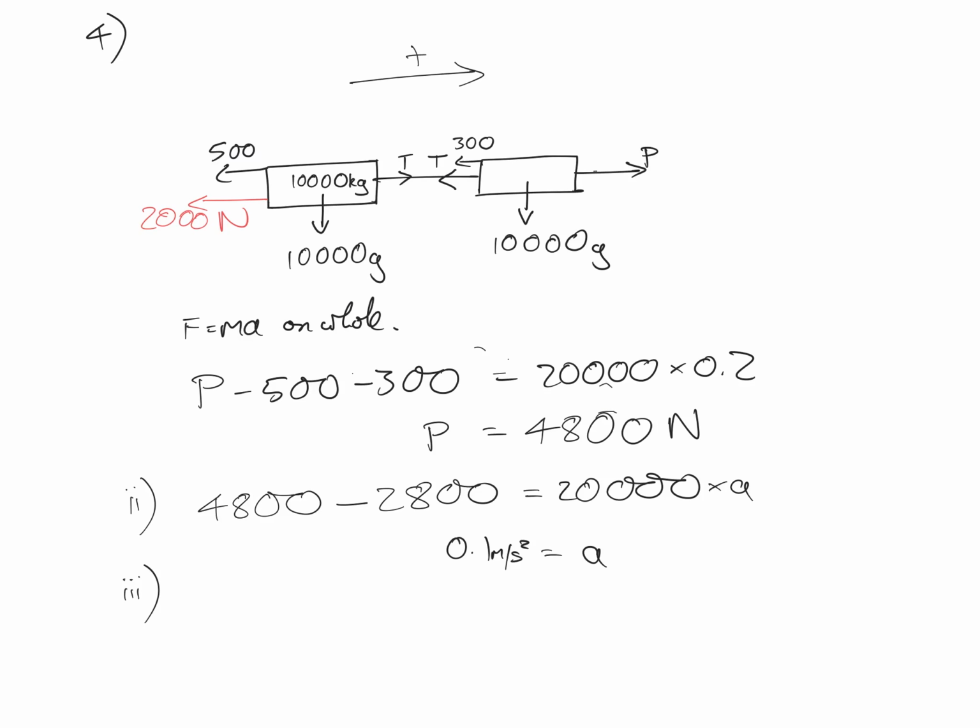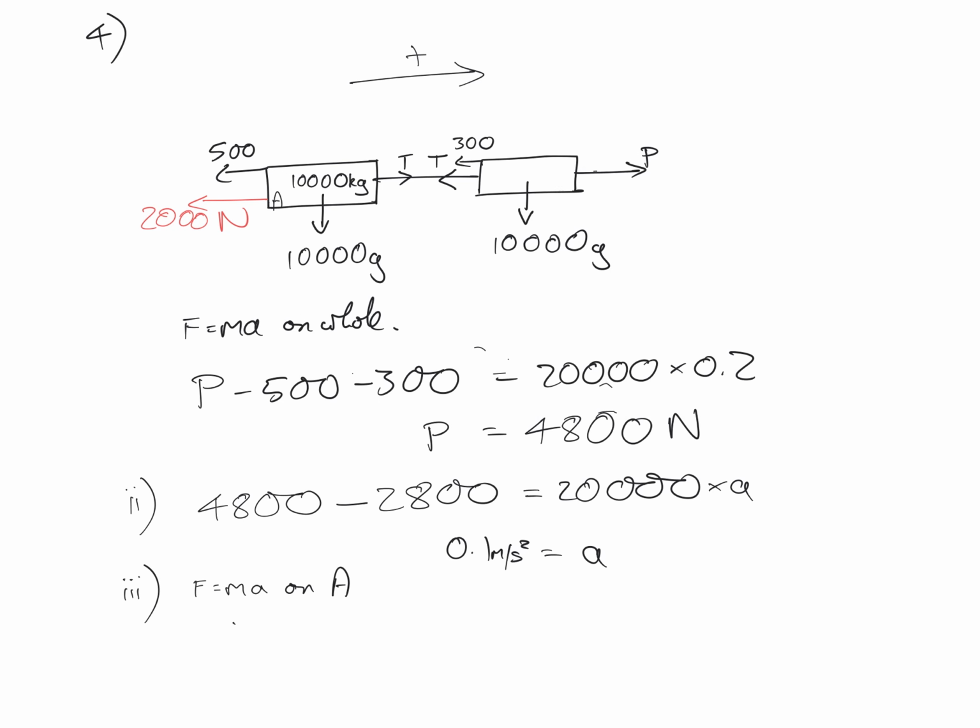Calculate the force in the coupling between the trucks. So in this case we can now do, which will we do it on? Doesn't really matter. F equals ma on a single truck, because we want to get this T involved, so we can do it on A, which is this truck here.